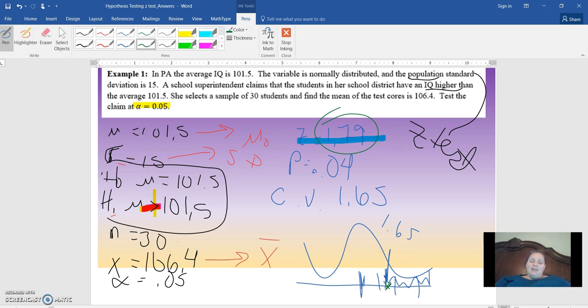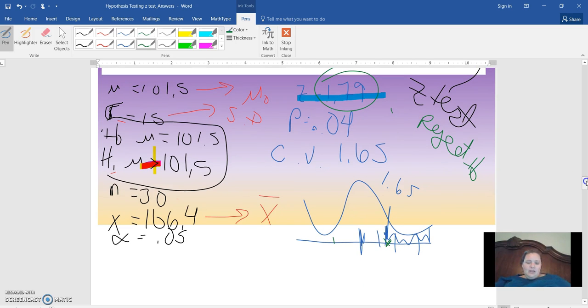I mean, well, you know, okay, you get it. All right, so it just matters if I make myself laugh. All right, and so we're going to reject the H-naught because it's in the shading. If we had, I don't know, negative 1.79, that would have been over here, and so we would have accepted it. And so because we reject this guy, we reject the H-naught, that means we totally accept this.